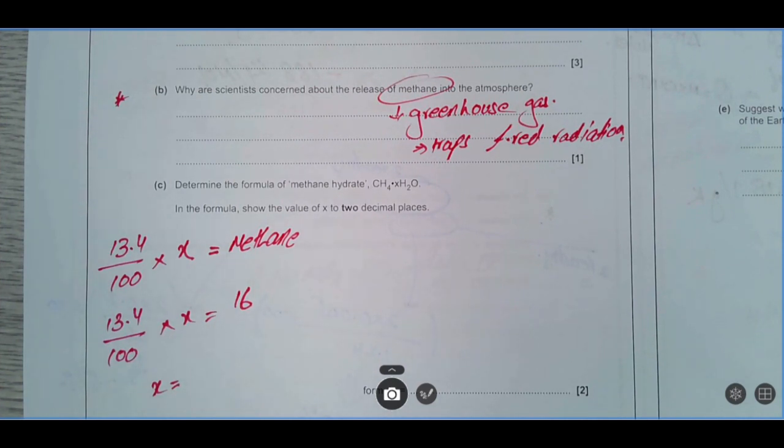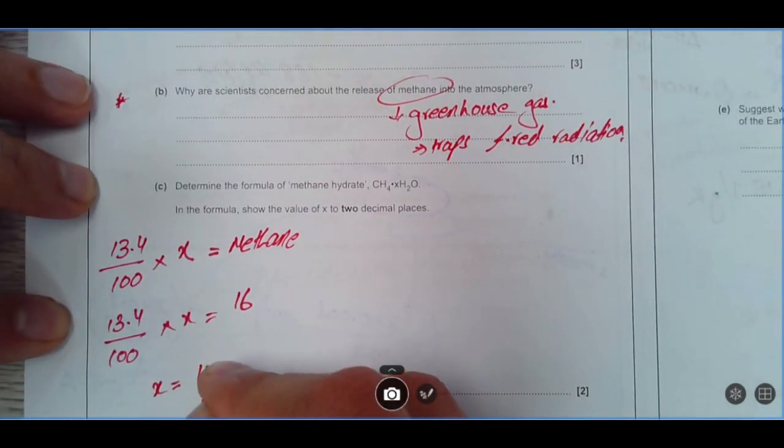Has anyone got an answer? 100 times 16 divided by 13.4. This gives me 119.4.